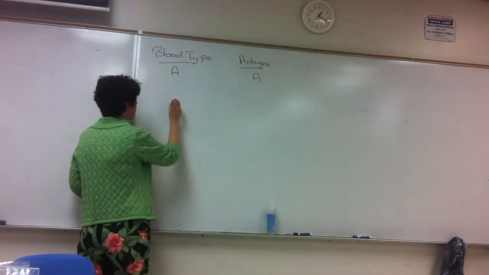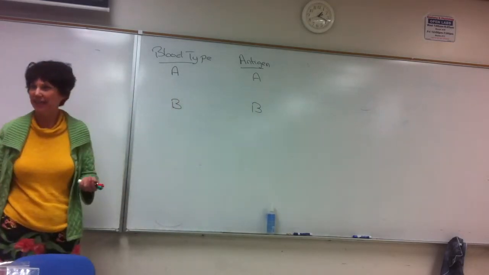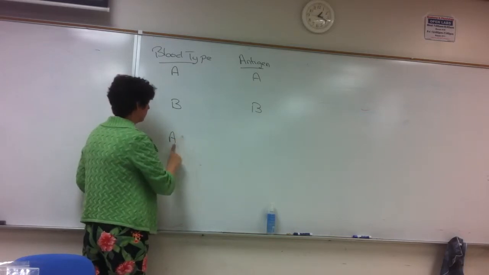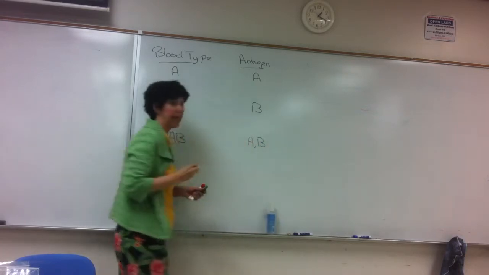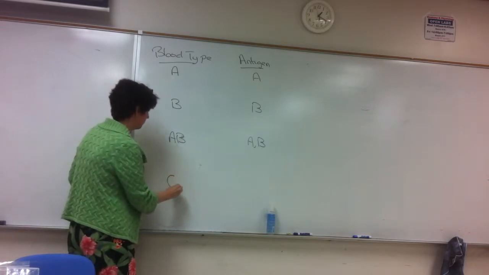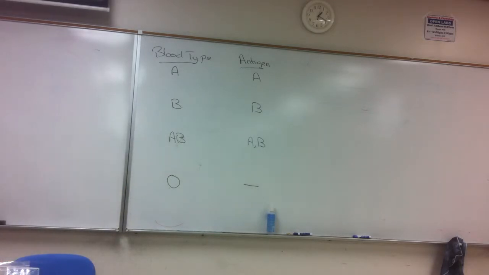If our blood type is B, we have the B antigen present on the red blood cells. If our blood type is AB, then we have both antigen A and antigen B. And if our blood type is O, we have no antigens. Universal donor. About 40% of the population is O. Universal donor. Yeah. Well, not just O, but you're close.